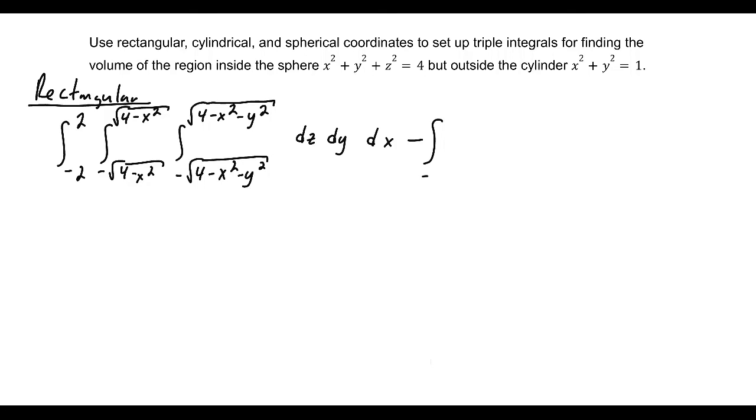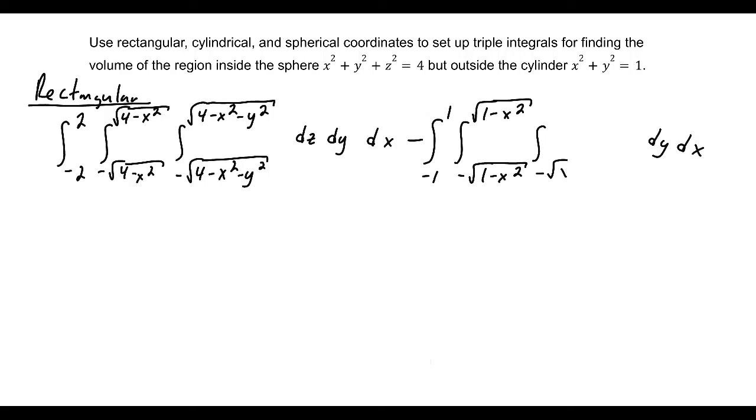the integral from -1 to 1 with respect to x of the integral from negative square root of 1 minus x squared to square root of 1 minus x squared with respect to y of the integral from negative square root of 4 minus x squared minus y squared to the square root of 4 minus x squared minus y squared with respect to z of the function 1.